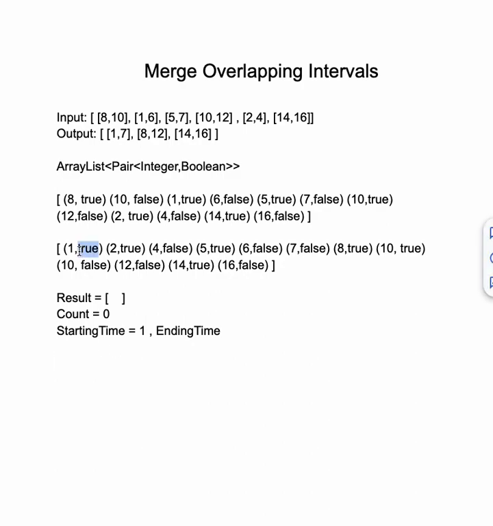How do you get the information whether it is a starting time or ending time? Based on the value. If it is true, it is a starting time. If it is false, it is an ending time. So since it is true, we will be adding 1 to the count, and the count is now 1.